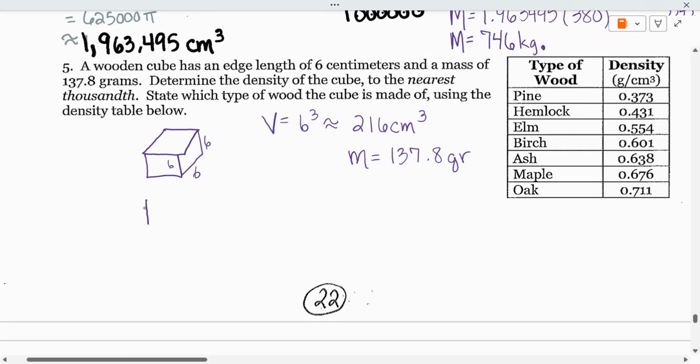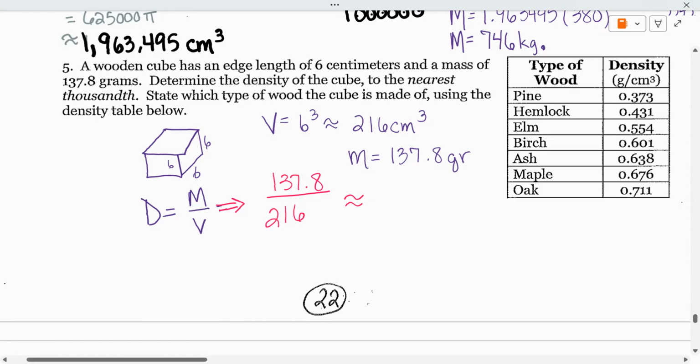Well, if I want to know the density, remember that the density equals what? What formula do we write for density? Density equals what divided by what? Density equals mass divided by volume. So my density equals 137.8 divided by 216.